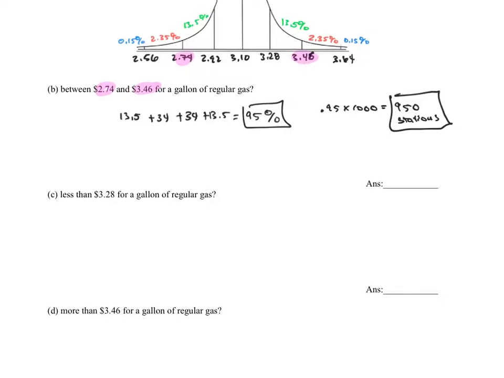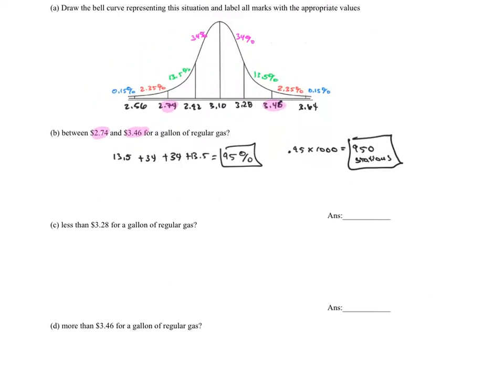Okay, so now it says how many scored less than $3.28 for regular gas. So let me come in here. I'll use blue on this one. Here's 3.28. So what's the idea? I'm going to add all of them up to 3.28. Don't forget that tail end at the bottom. That's what most students forget. So what would I have? 0.15 plus 2.35 plus 13.5 plus 34 plus 34.